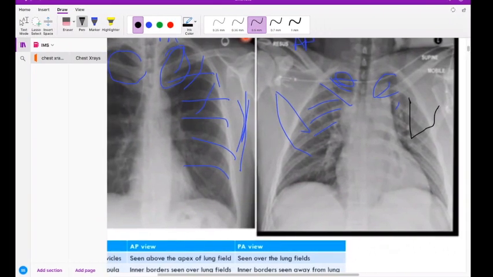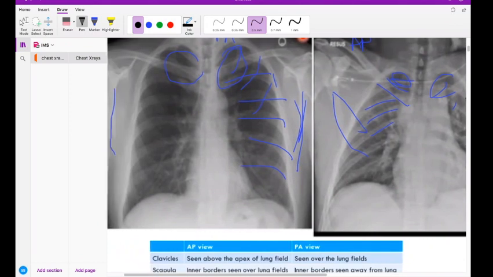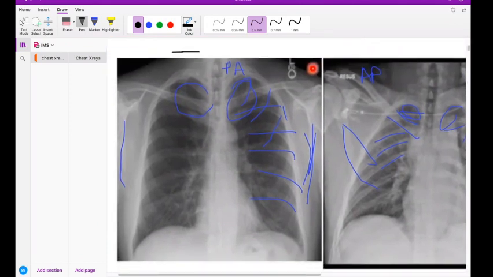Last point, the scapula point. See, in PA view, this border of the scapula is not projecting, it's located away from the lung field, it's not coming onto the lung field.